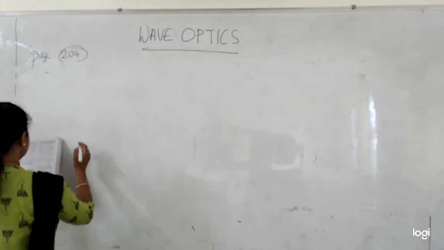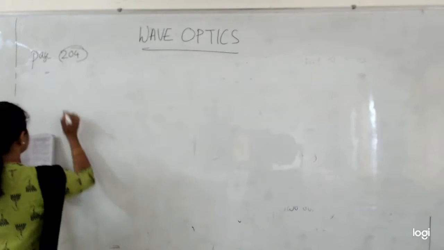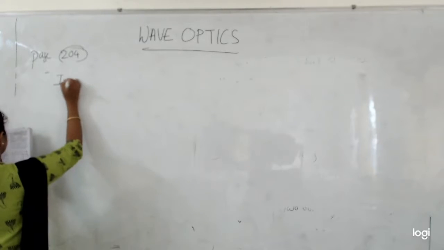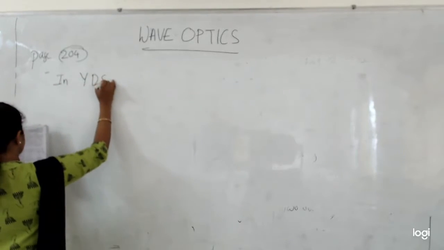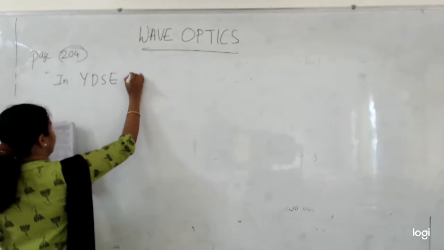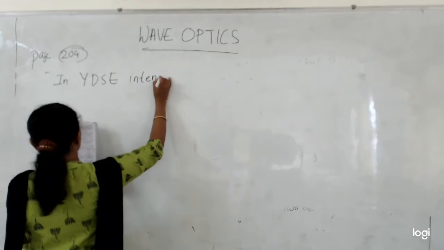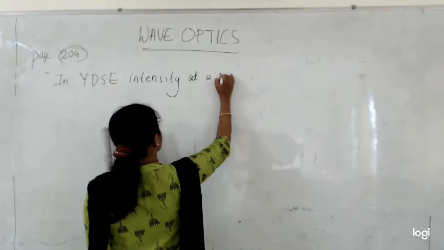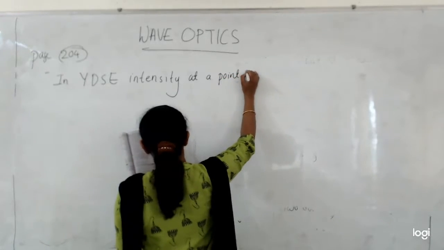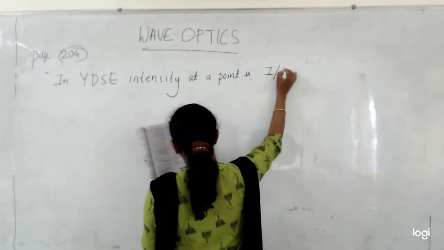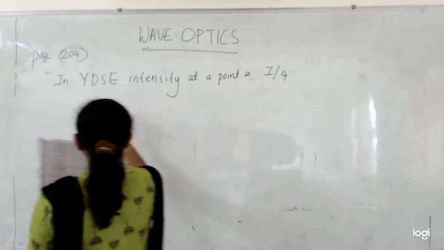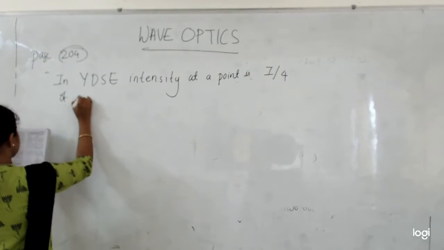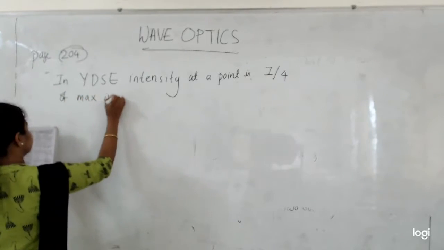The question is: in YDSE, the intensity at a point is I by 4 of the maximum intensity.